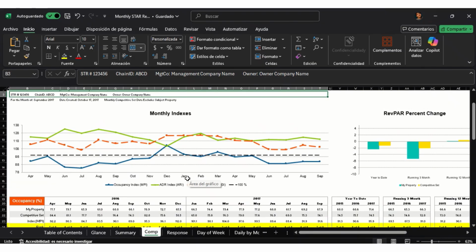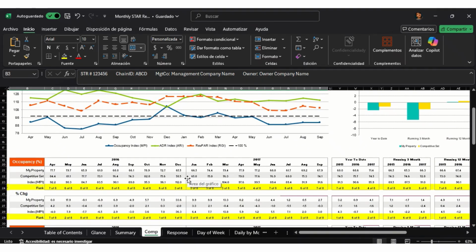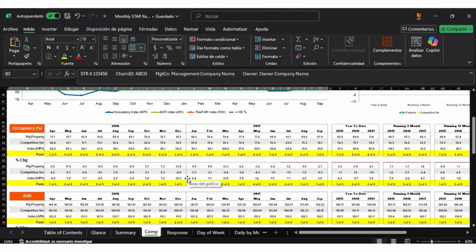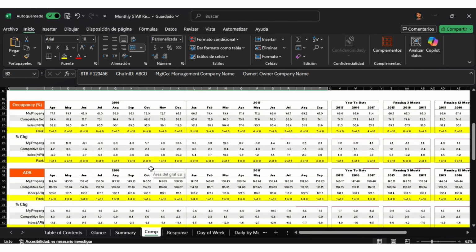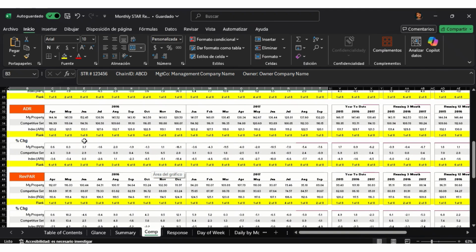Well, next we pass to comp. The comp tab shows comparative performance data. It includes side-by-side results for the subject hotel and each member of its competitive set. The KPIs displayed here are occupancy, ADR, and RevPAR, along with the rank and the index numbers to measure relative performance.